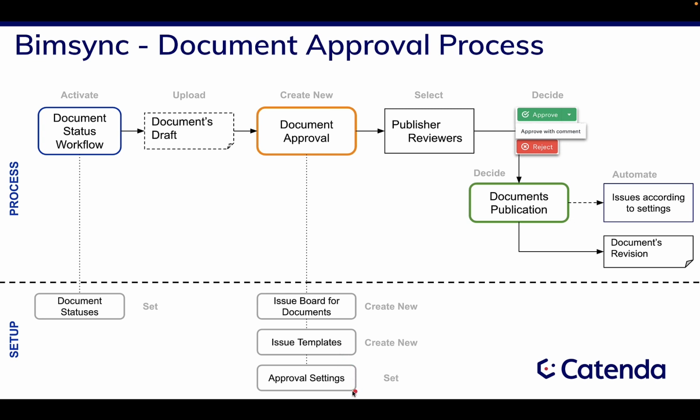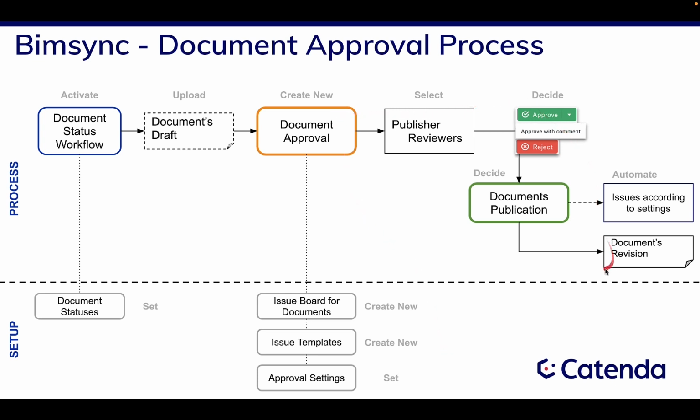And also set the approval settings, which means depending on your choices, a choice in the approval process will initiate creation or not creation of some issues related to the documents. I won't insist on this now. It will make more sense once you see the tool in the flesh.